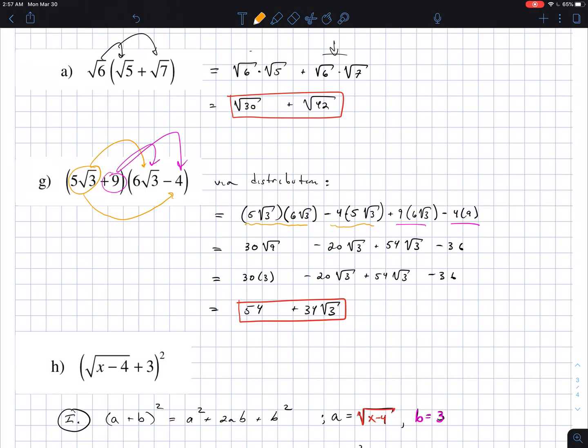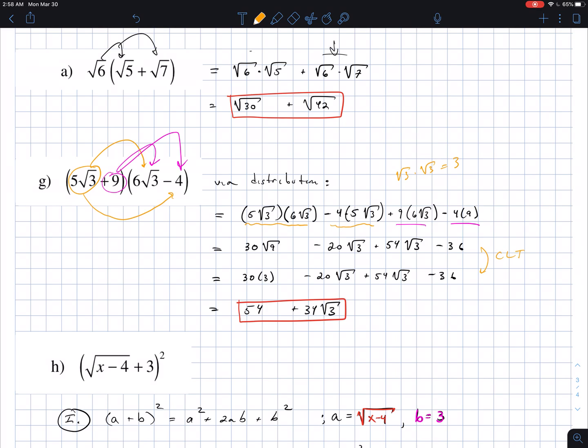Then all I did was start to combine, do the basic products. 5 times 6 is 30. Square root of 3 times the square root of 3 is really the square root of 9, but we know that's 3. Remember, when you multiply any kind of square root of 3 times the square root of 3, you're just going to end up getting 3 back. So just as a little reminder. All I did then was combine like terms after the simplification and crunch down the numbers.